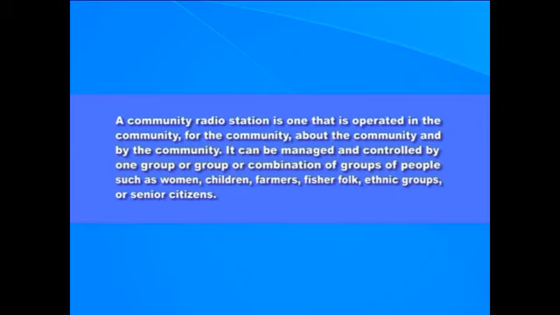It can be managed and controlled by one group or a combination of groups of people such as women, children, farmers, fisherfolk, ethnic groups, or senior citizens. There is a high level of people's participation both in management and program production. Individual community members and local institutions are the principal sources of support.